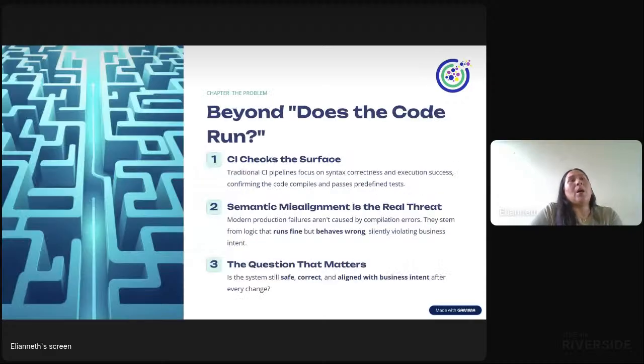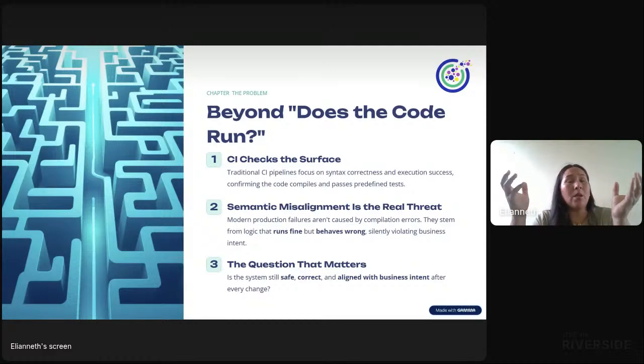So we have an issue right now, because traditional CI actually answers: does this go wrong? Basically, traditional CI is focused on syntax correctness, okay, and whether the whole code compiles. But actually, passing tests doesn't mean that the code is actually correct, because in modern systems the real threat is not the syntax bug.